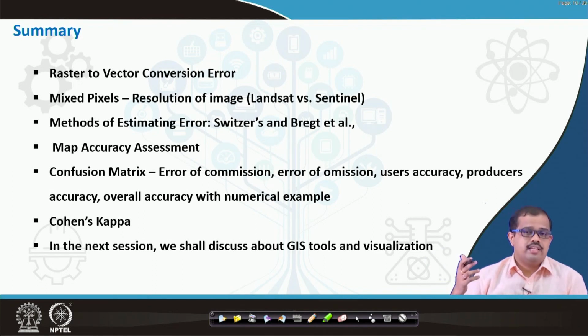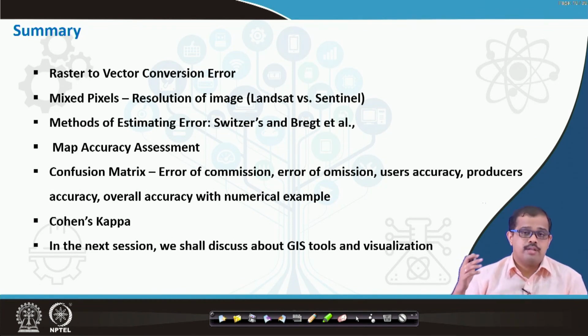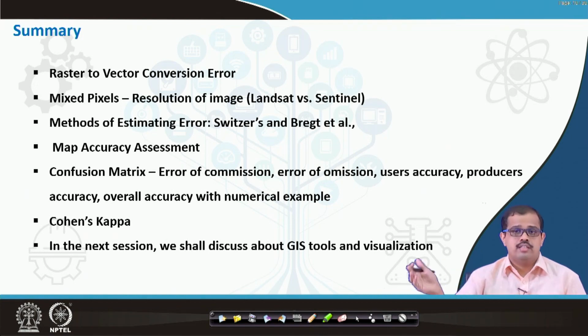I would recommend, in case I have not spoken here mathematically, that if you want to really understand both of these methods, you look at the mathematical background behind them. It would be very easy for you to understand if you understand probability and matrix operations. Then we looked at map accuracy assessment.